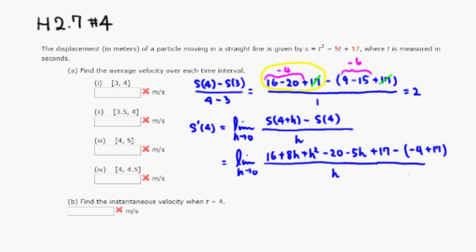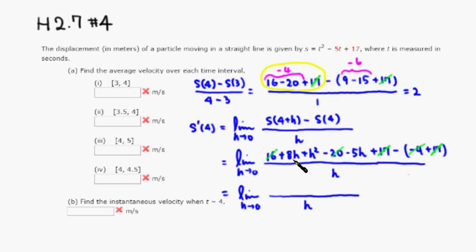Let's simplify this. We can cancel 17 and 17, and also 16 minus 20 is negative 4, minus negative 4, so you can cancel those. What's left is the limit as h approaches 0, with h on the bottom.